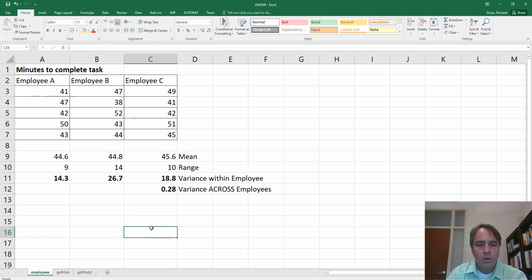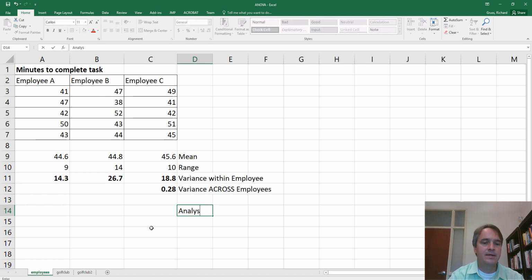So what we would like to do is to figure out how big this variance across the employees is compared to the variance within each employee. This is precisely what we're doing when we do an analysis of variance.